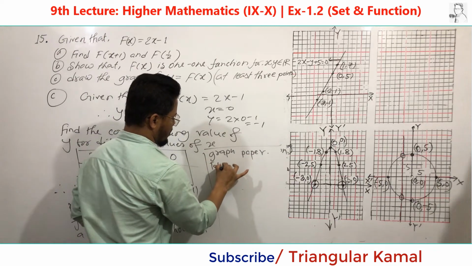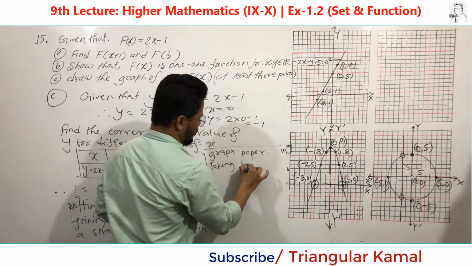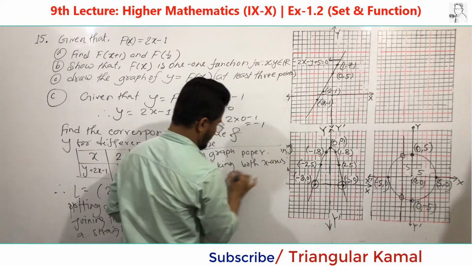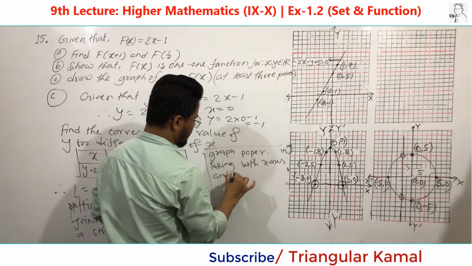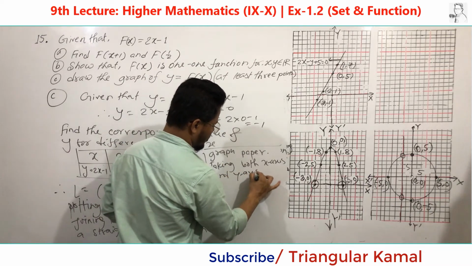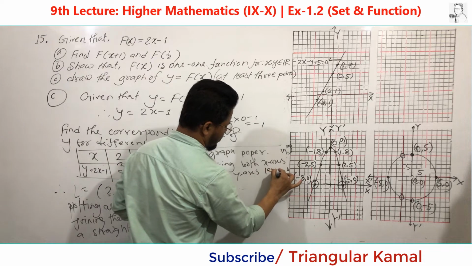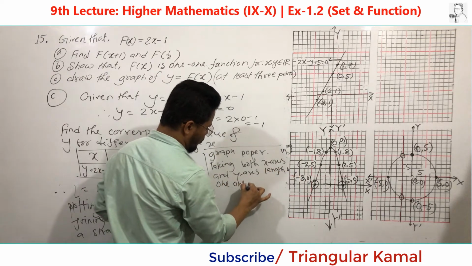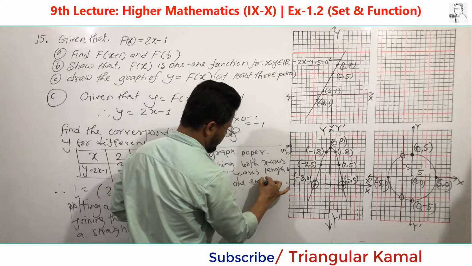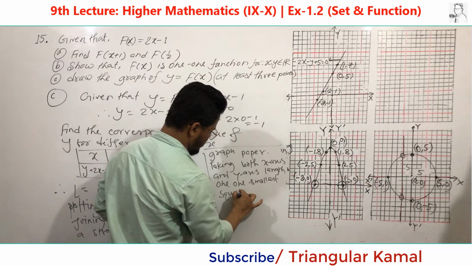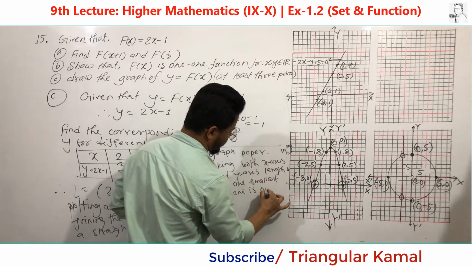Taking both the x-axis and the y-axis, the length of one smallest square is 1 unit.